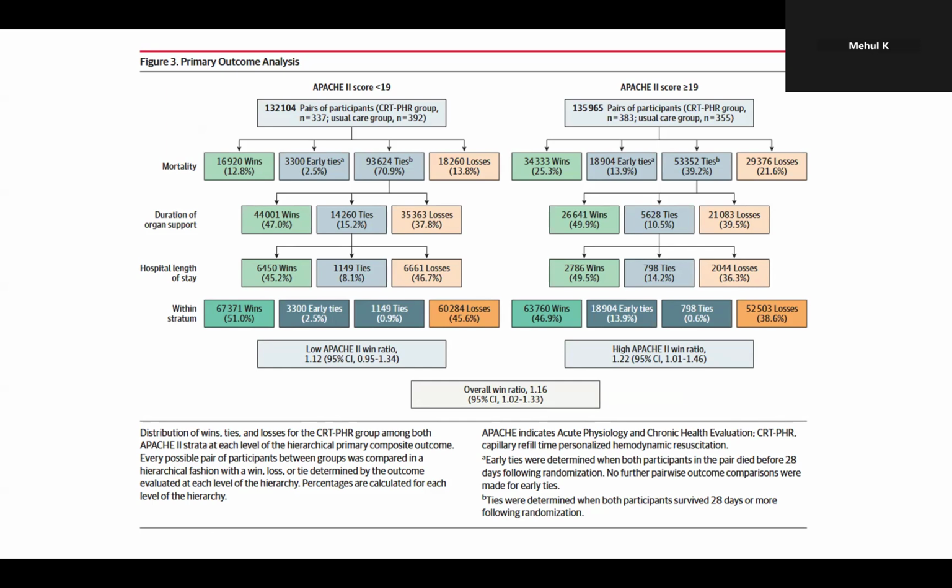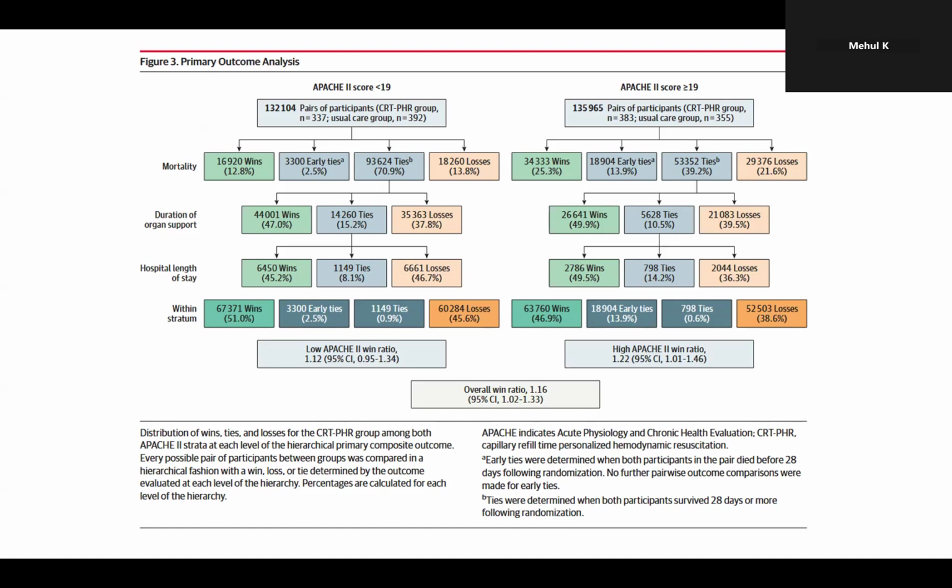So, in simple terms, when you want to see composite outcomes where your outcomes can be graded in terms of severity, and you may have outcomes of different types, categorical versus continuous, then you can proceed with your hierarchical composite analysis, in which you calculate the number of wins and losses in the treatment as well as in the control arm, and based on that, you will calculate a win ratio, a win odds, or a net benefit. And from that, you will finalize your results.